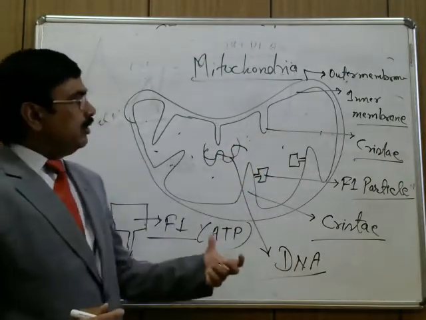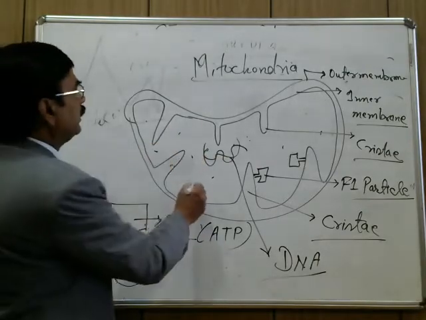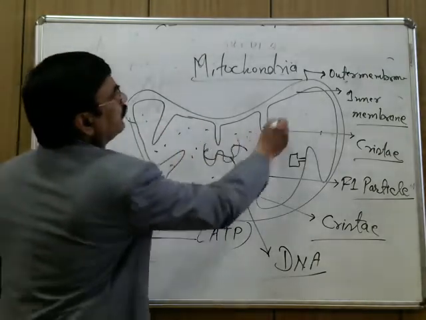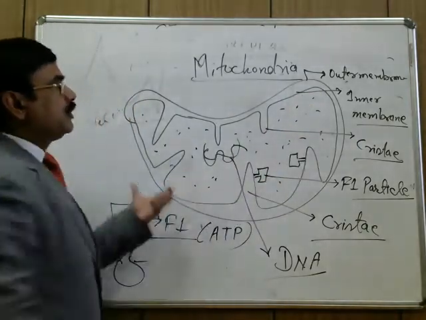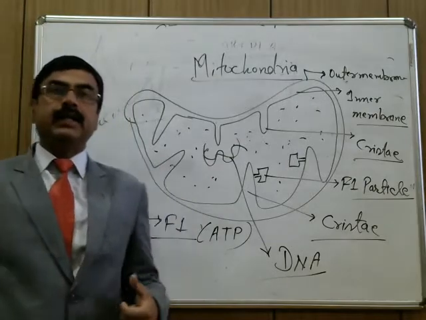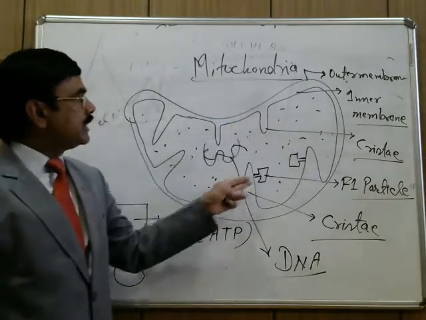Okay. So when we go for the inner structure, you should start with a rod-shaped structure, mitochondria, and understand what these finger-like projections are.